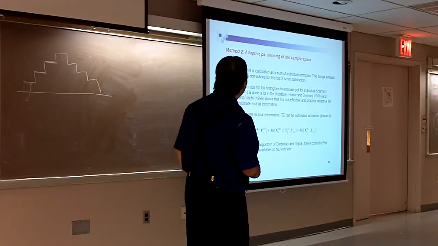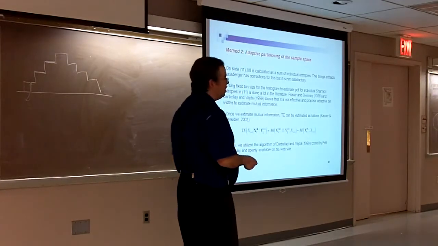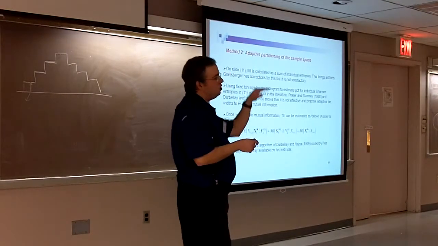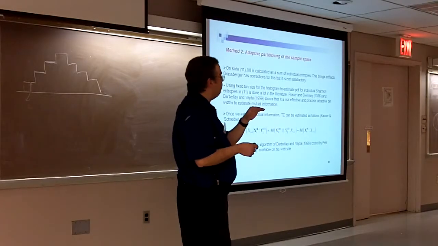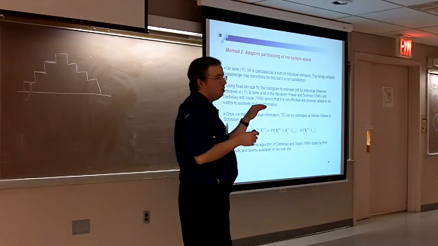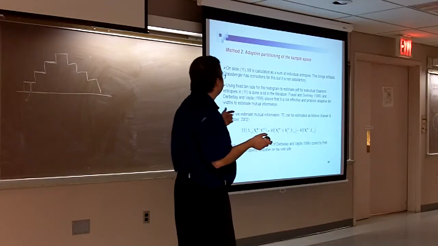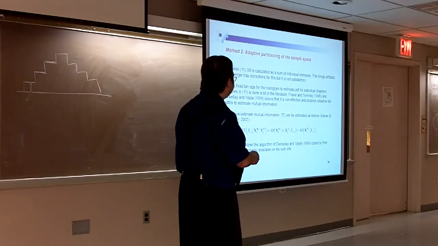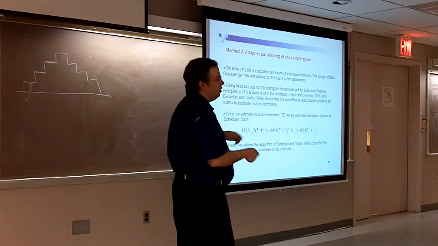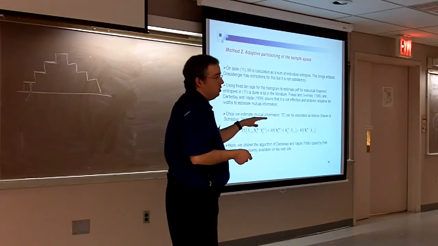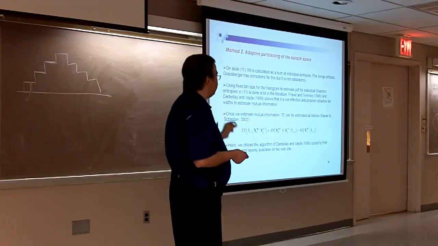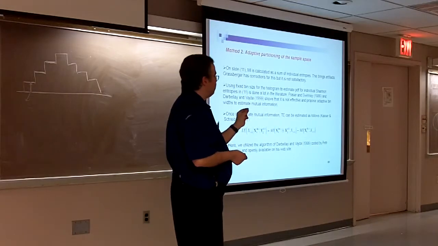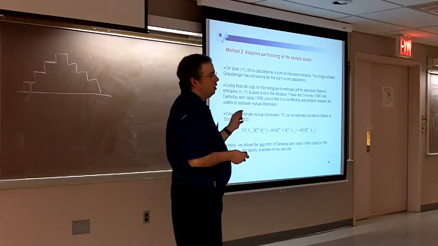So the second method for transfer entropy estimation. I told you that the sum of individual entropies to estimate the mutual information has a major drawback because of the bias problem. So in order to avoid that, Fraser and Swinney and Darbellay and Vajda proposed another method for mutual information estimation, not transfer entropy estimation. They proposed using adaptive bin widths to estimate the mutual information, and that really gave better results.